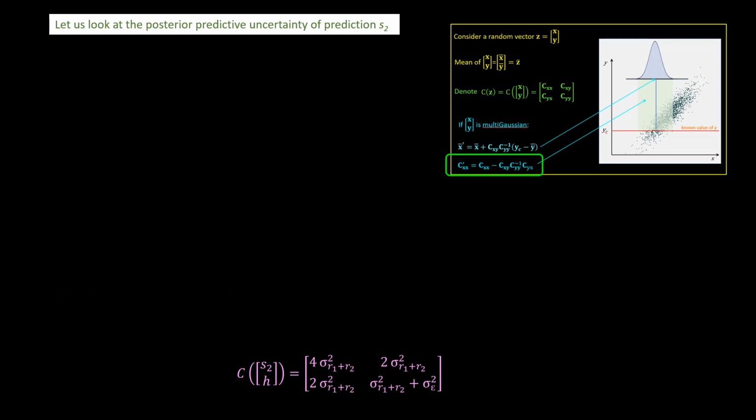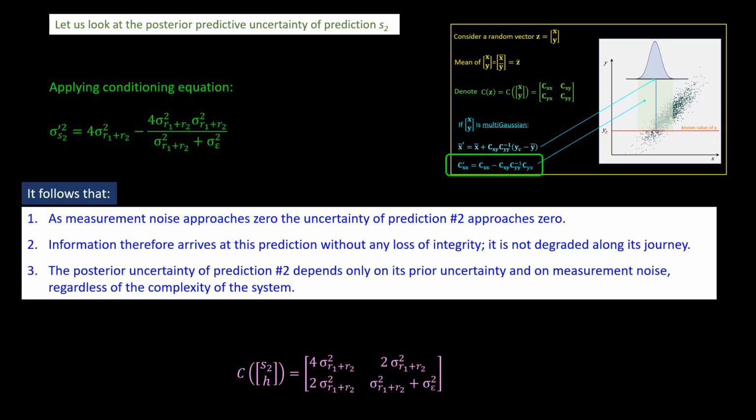Now I can calculate the posterior covariance matrix for S2, but because S2 is a single number, this just becomes the posterior variance for prediction S2. So if I apply this conditioning equation to this covariance matrix, I obtain the green equation for the posterior variance of prediction S2, from which it follows that as measurement noise approaches 0, the uncertainty of prediction number 2 approaches 0.